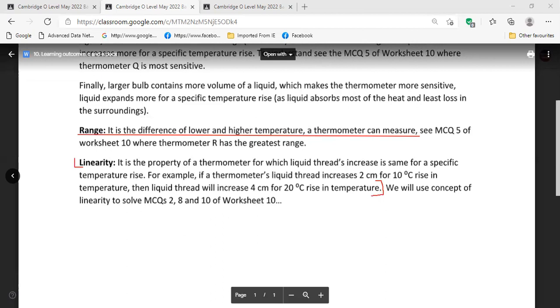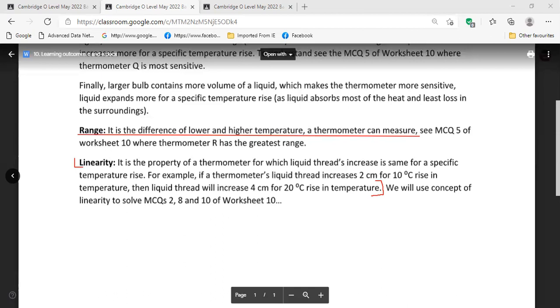For 10 degrees Celsius, you are getting 1 centimeter. For 20 degrees Celsius, you are getting 2 centimeters. This way it's increasing, so it's maintaining a sequence. For each degree Celsius, the liquid thread is increasing 1 millimeter. This property of the liquid expansion is called linearity.